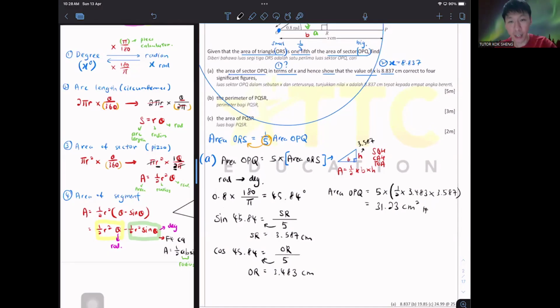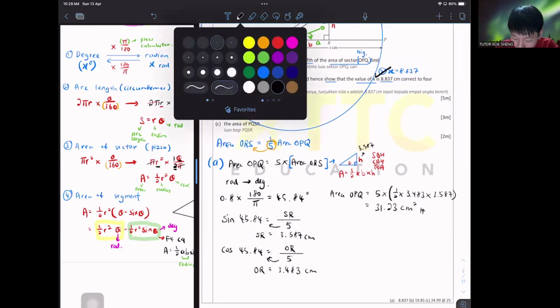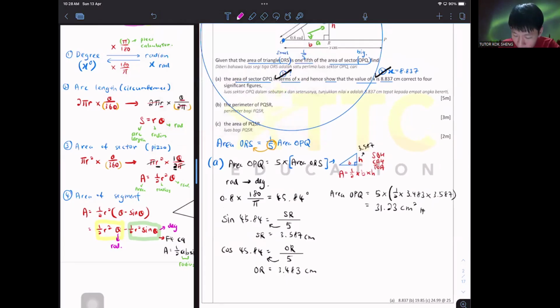First part settled, 31.23, the area. Done already. One more to go, the x value. So how do we find the x value here is very simple. Just now in front here, they mentioned the sector OPQ, right? Okay, this one no issue.